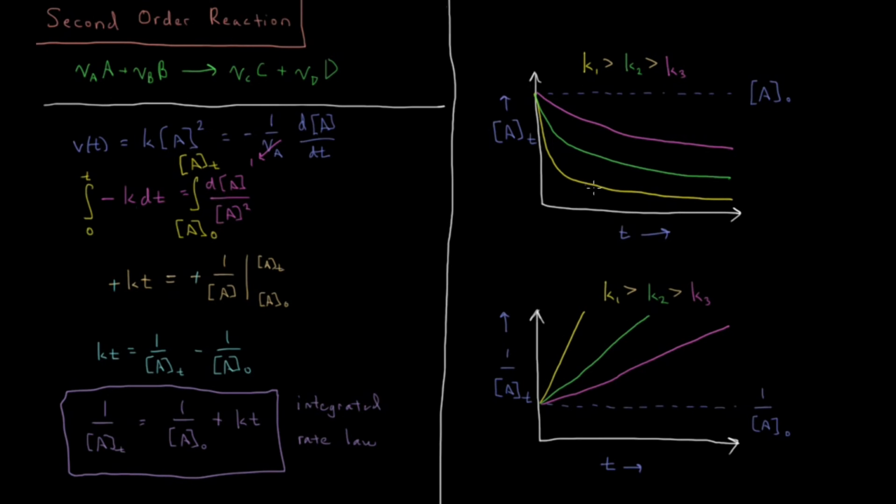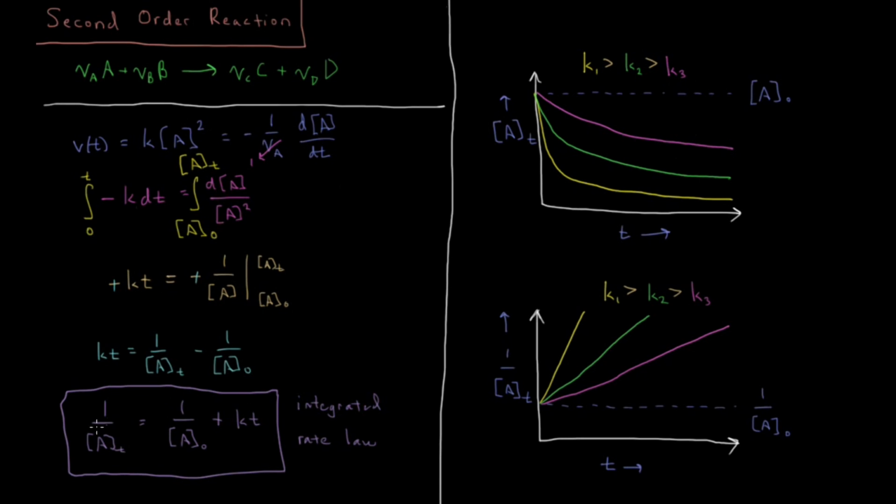So it's kind of asymptotically approaching 0 there, but you notice after a steep initial decay, it starts slowing down a lot because it depends on the concentration of A squared. So as A goes down, the rate of reaction starts going down a lot more because A squared is getting very small very fast. And then if the rate constant isn't as high, it decays more slowly. If the rate constant's even smaller, it decays even more slowly.